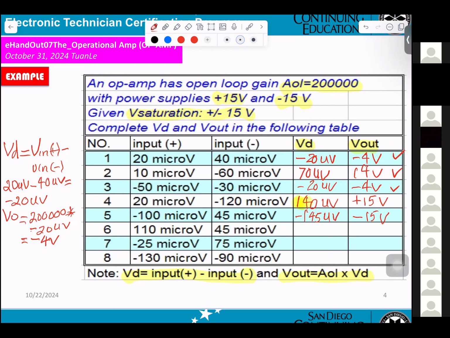Okay. All right. So you want us to just go through and do number 6, 7, 8? Yeah, exactly. We try to complete that one. Okay. All right. 1, 1, 0, negative, minus.